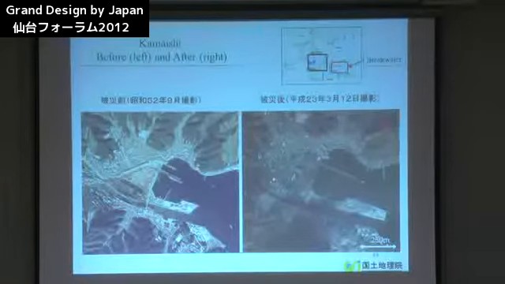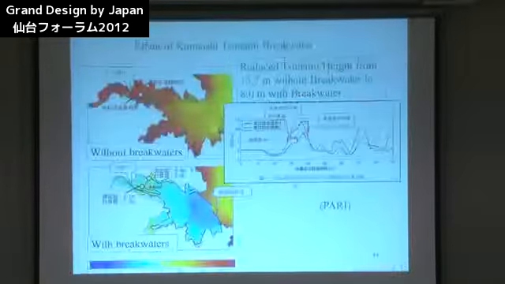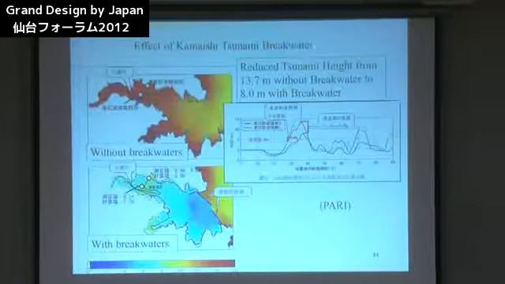This part is well protected, but somewhere here it is damaged. Without this tsunami breakwater, tsunami height outside the breakwater was nearly 14 meters, and inside it is reduced to 8 meters. So the tsunami breakwater was damaged, but it had some effect.